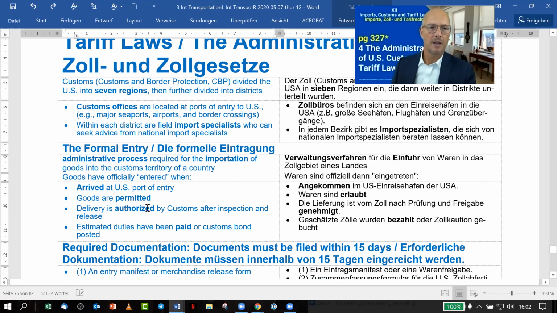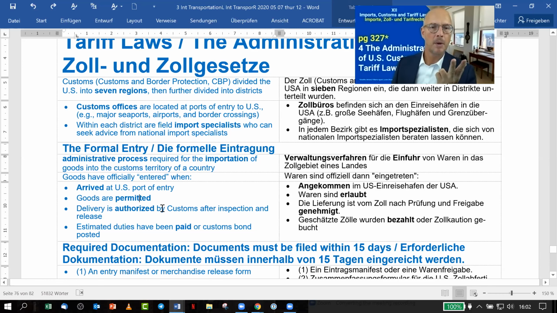They have entered when they arrived at the US port, and the goods must be permitted, no illegal goods. The delivery is authorized by customs after inspection and release. And the estimated duties, the tariffs, have been paid, or you have given a customs bond, if you have posted them.